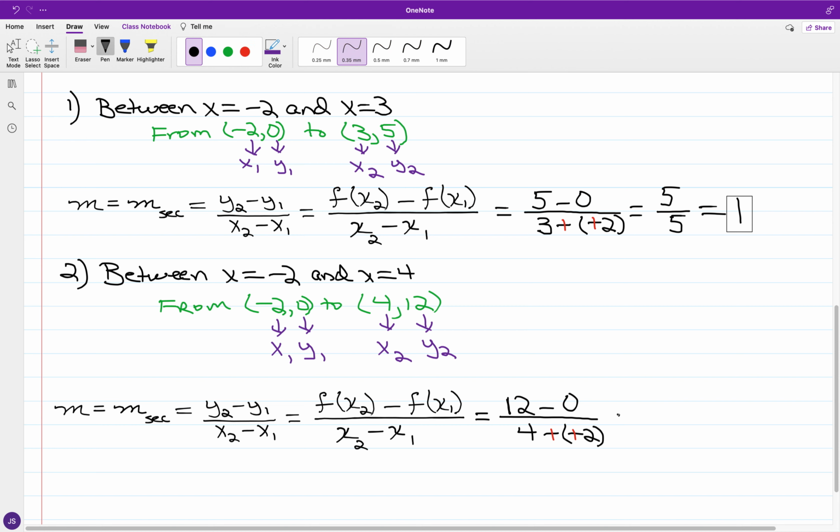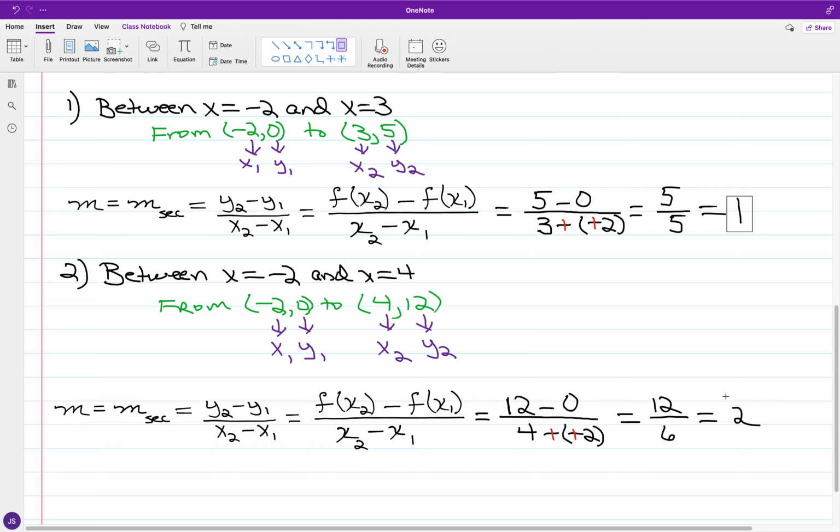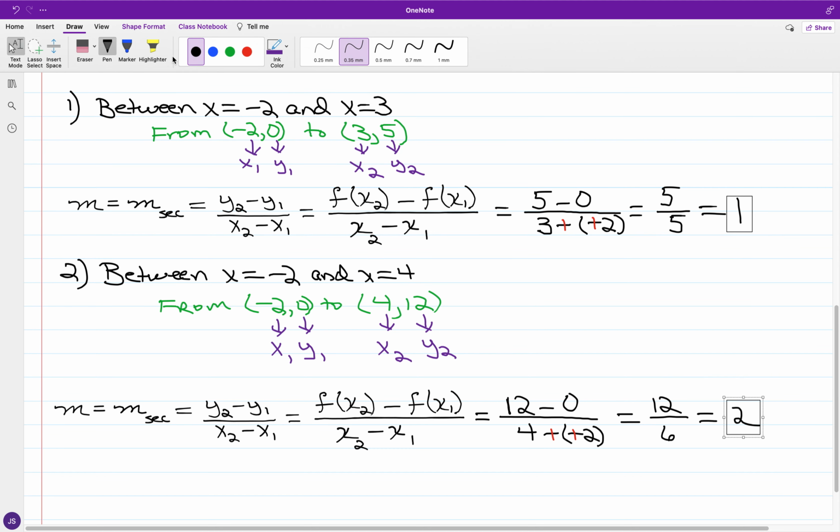So you have change in y overall of 12, and 4 minus -2, you have 4 plus 2, which is going to be 6. And it turns out that the slope is going to be different as we go out to 4 in comparison to when we went out to x is equal to 3. And so we have the average rate of change in this case landing at 2.